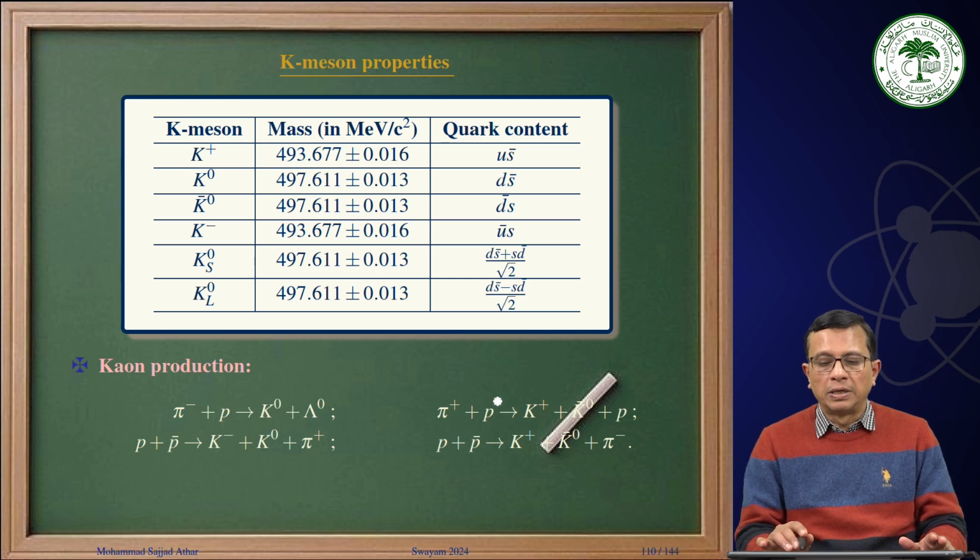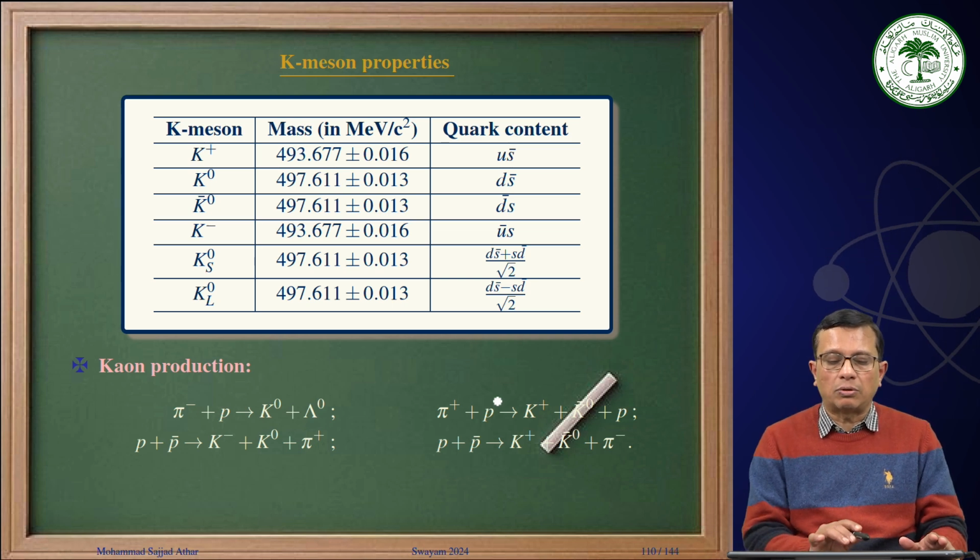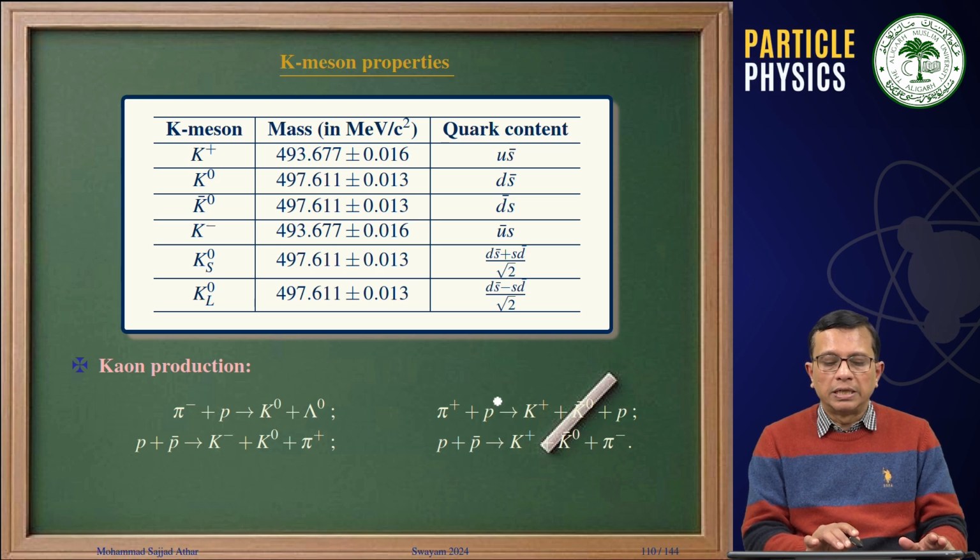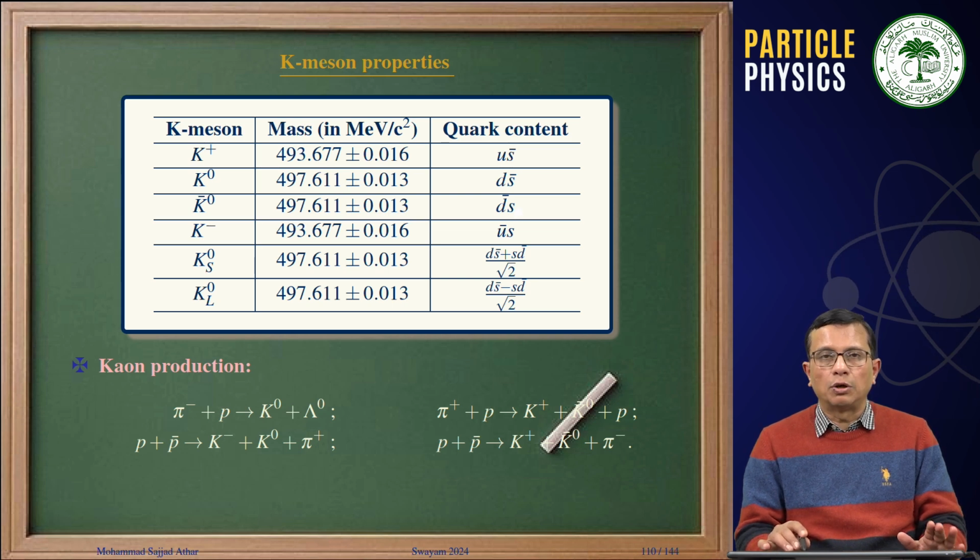It is made up of d s bar quarks. Its strangeness quantum number is also +1. Then we have K0 bar, which is the antiparticle of K0. The mass will be the same, while the quark content of K0 bar, a strangeness -1 particle, is d bar s. And K minus is again a strangeness -1 particle with the quark content u bar s.